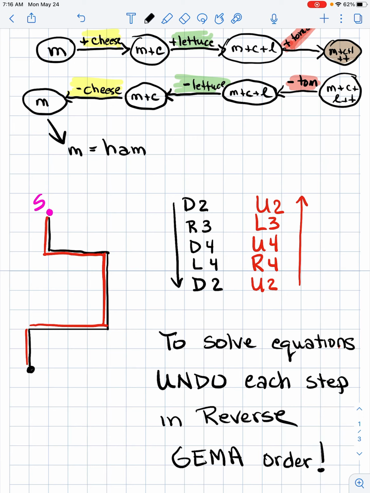Okay, and that's the thing that you're going to need to remember to solve algebraic equations.